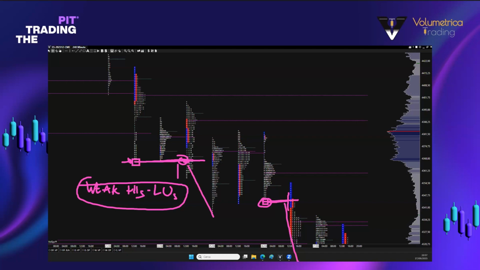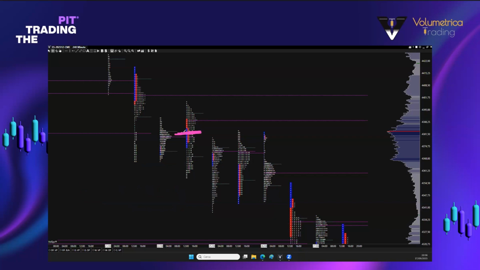An asymmetry. If we look at market during this TPO here, we can see that at the top, the high is good. At the bottom, we have a weak low.